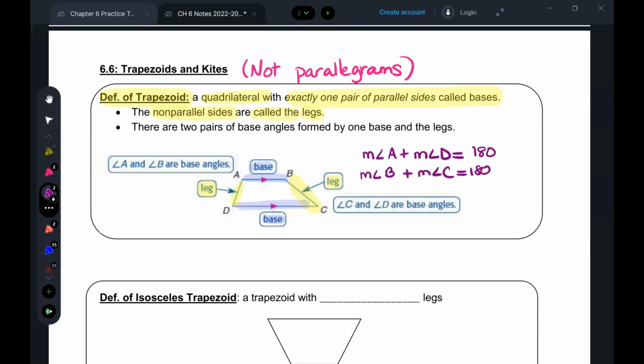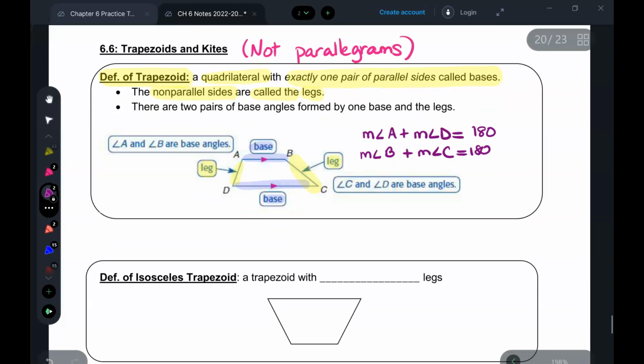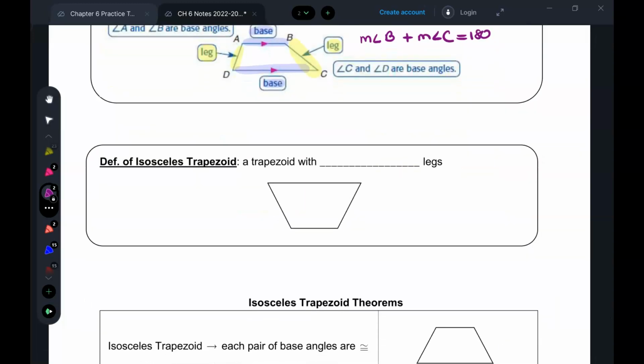Can we have two obtuse angles adding up to 180? No. And these two are acute. That's a never. So we can only say these two are supplementary and these two are supplementary. But is there any relationship between the other angles? No, not necessarily. Not until we get to the next definition.